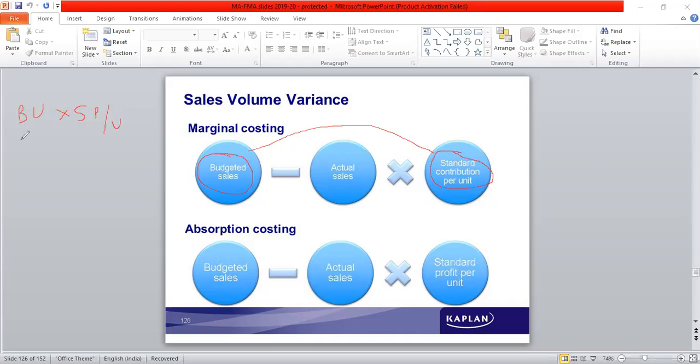This would be the sales value at the budgeted units. This has to be compared with when actual units are sold, actual units into budgeted selling price per unit. Because price is fixed, they are only talking about volume. Only the volume part of it, they're trying to find out the difference. So this is budgeted, here also it is budgeted selling price per unit.